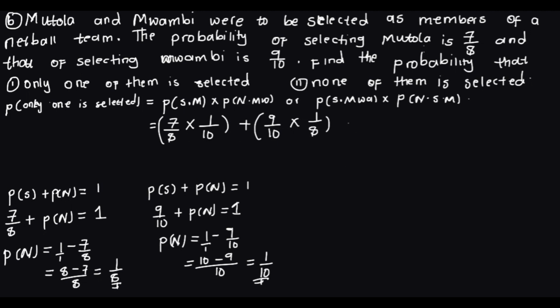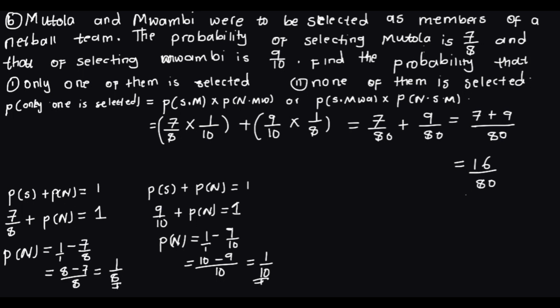So if we proceed, 7 times 1 is 7 over 8 times 10, that is our 80, plus 9 times 1 is 9 over 10 times 8 is 80. The lowest common denominator is 80. 8 into 80 is 1 times 7, 7 plus 8 into 80, 1 times 9, 9. So if we simplify, 7 plus 9 is 16 over 80.